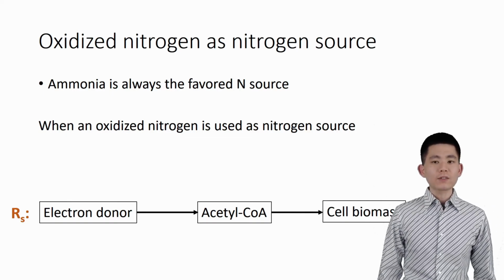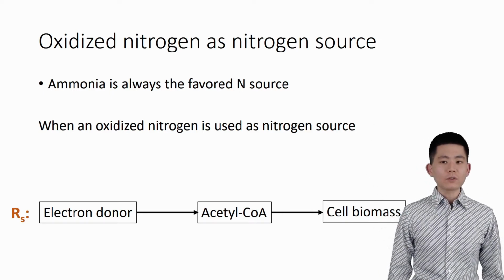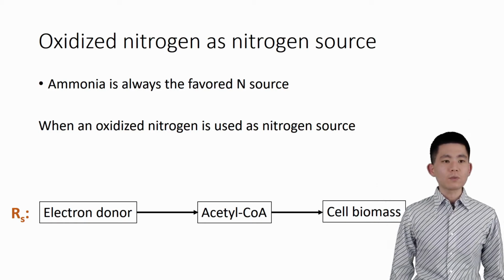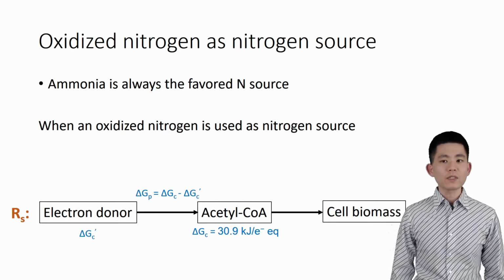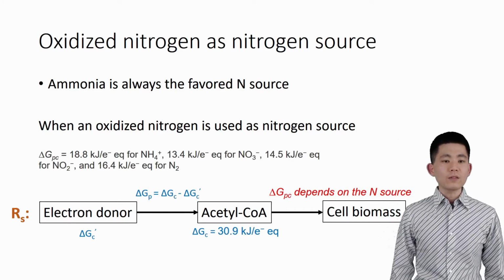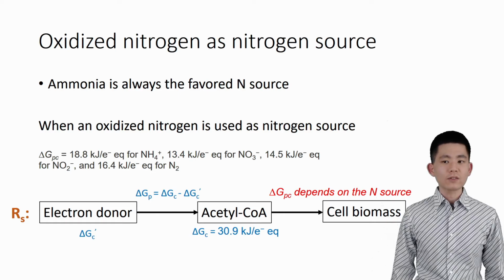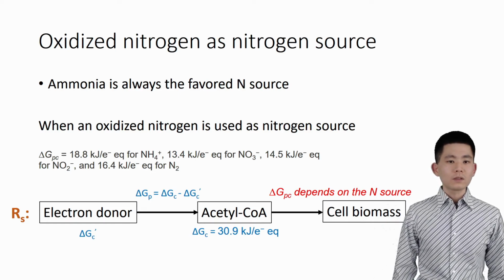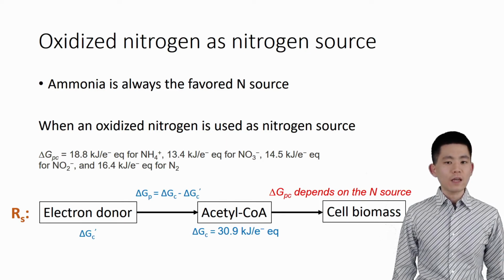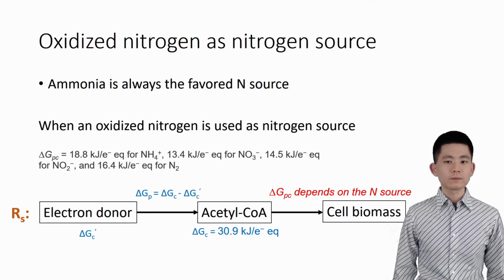When oxidized nitrogen is used as the nitrogen source, delta Gp stays unchanged as the nitrogen source does not participate in this step. Delta Gpc, on the other hand, depends on the nitrogen source. If the nitrogen source has a higher oxidation state, delta Gpc will be lower. The rest of the calculation for A and Fs stays the same.